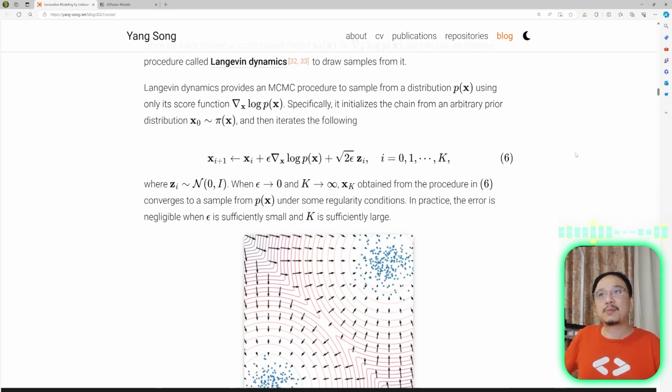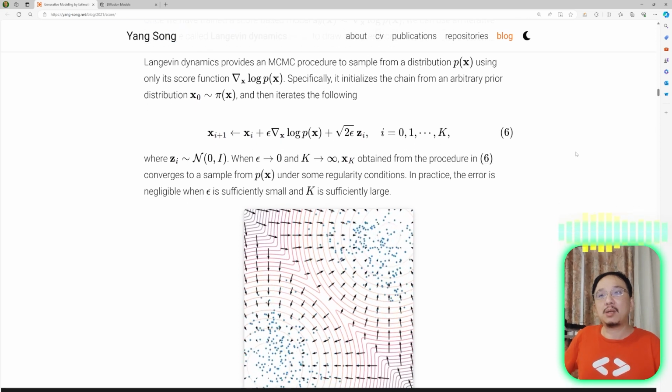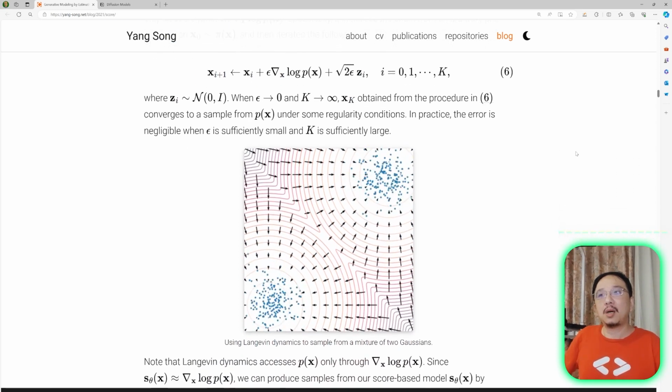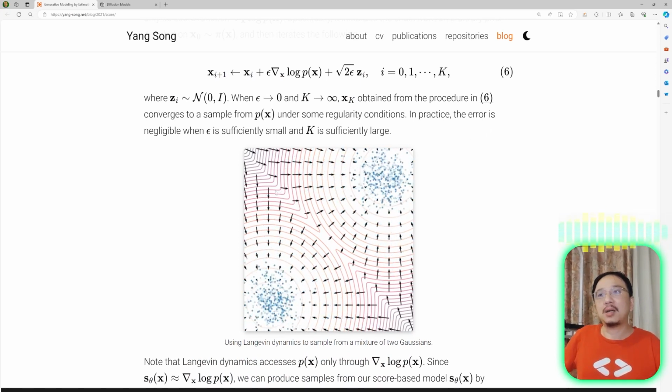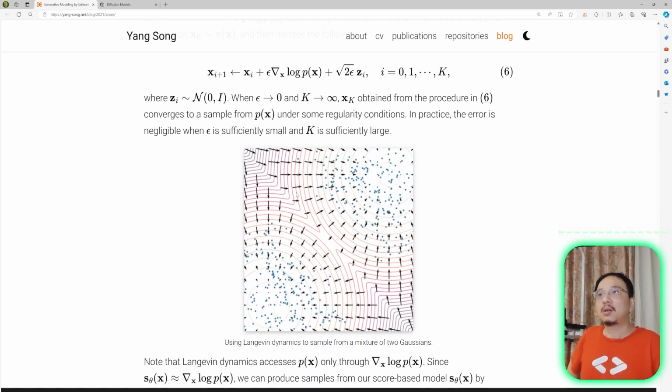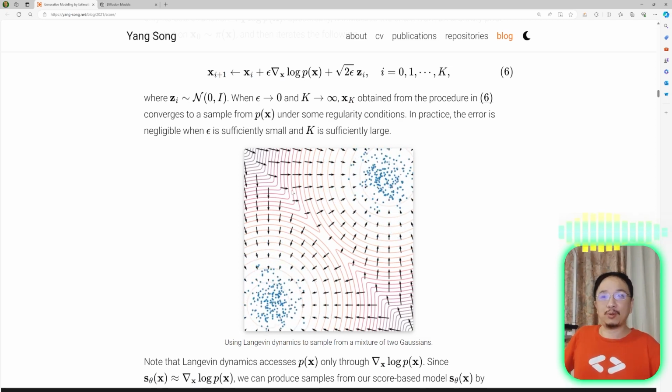Although it looks very magical, the idea is quite simple. Because we already know the gradient. Gradient is like a direction, like an arrow, like a force field.